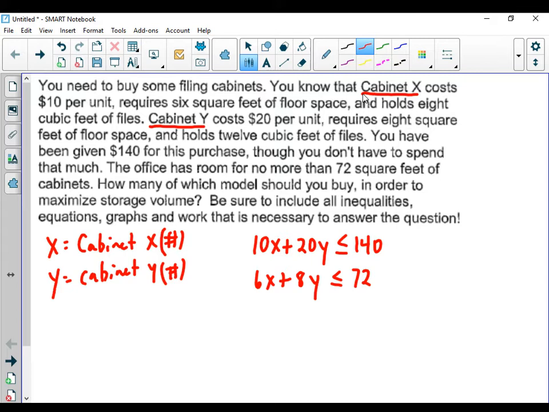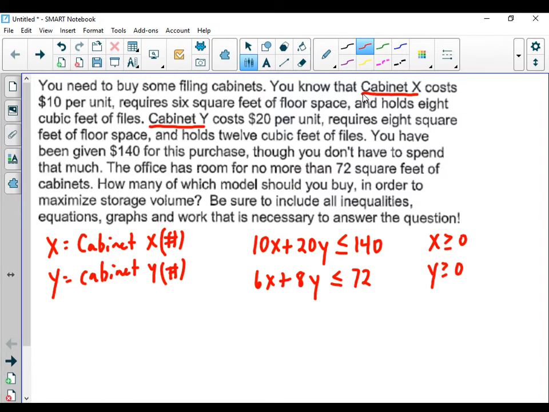Those are the 2 limitations we have in terms of money and space. Something else I'm going to throw in there, and this is the case in most of these problems: since we're talking about cabinets, we can't have a negative amount of cabinets. So X has to be greater than or equal to 0, because I really don't have to buy any cabinet X's. And Y is greater than or equal to 0 as well.